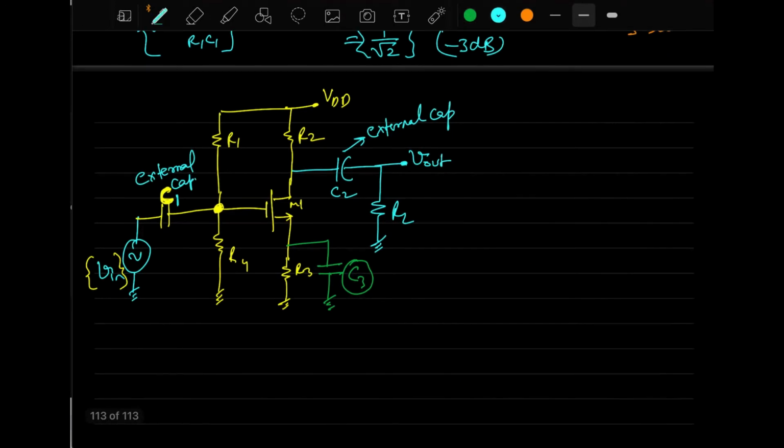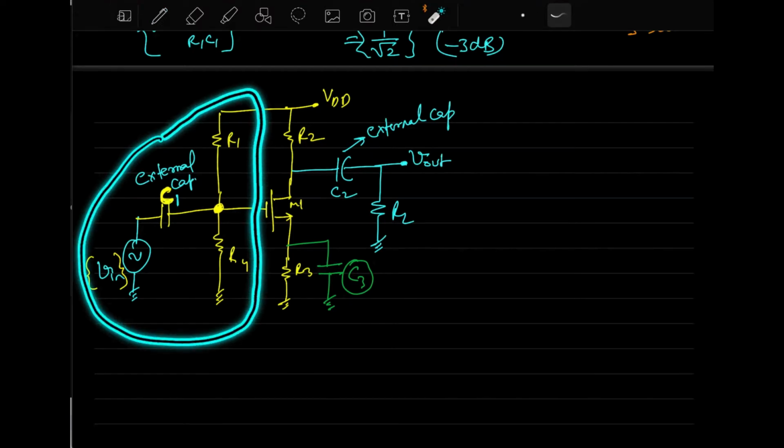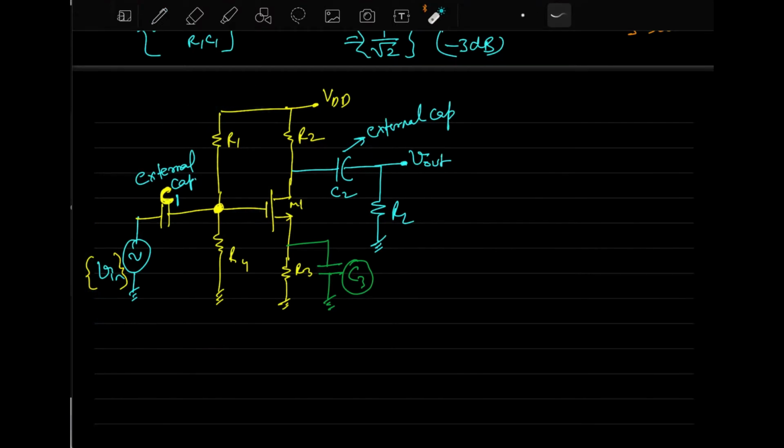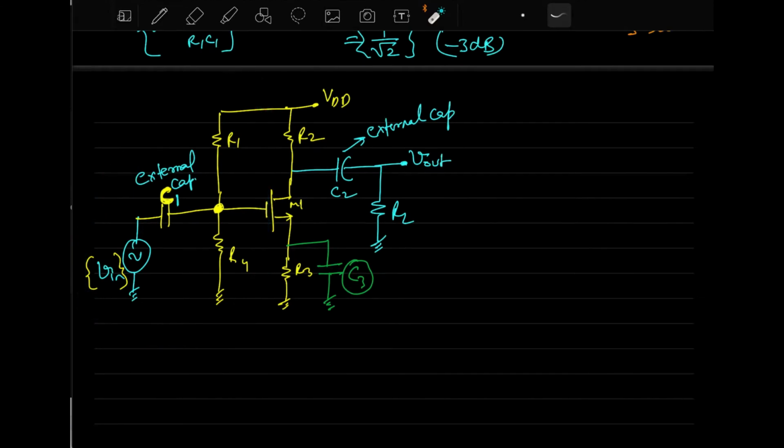If you focus on this topology here, when you try to write the small signal equivalent of this, the voltage VDD will be grounded, because you are drawing a small signal equivalent. So if it is grounded, this resistance R1 is grounded.